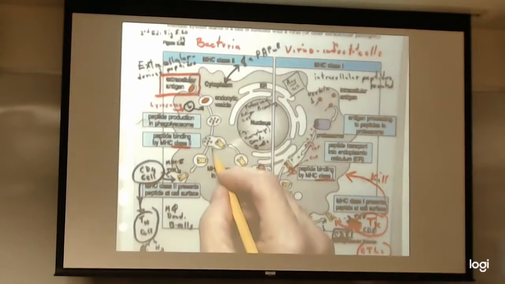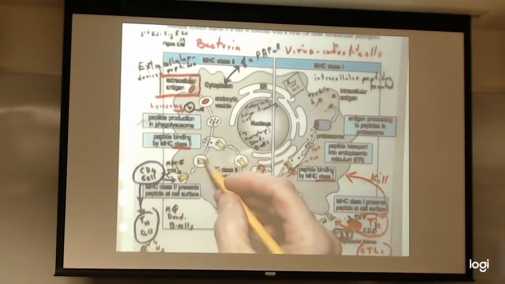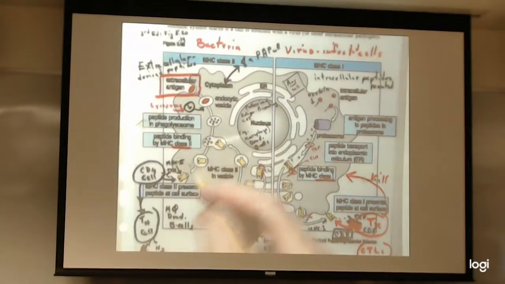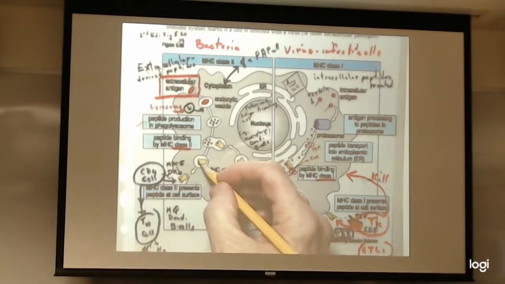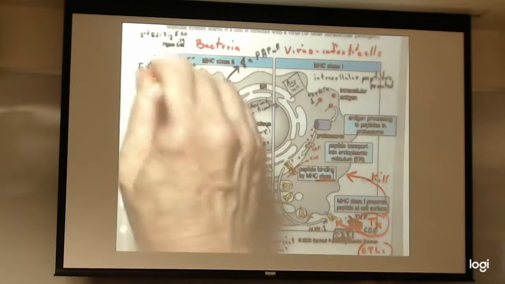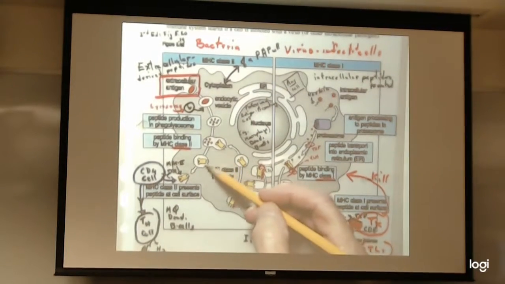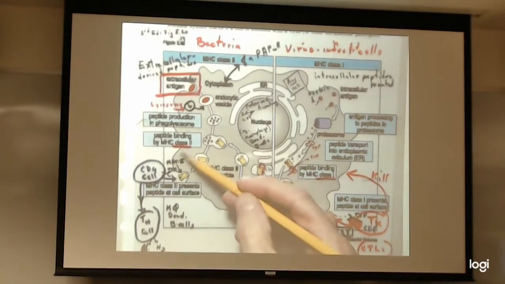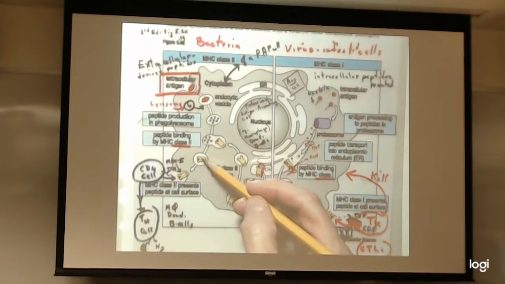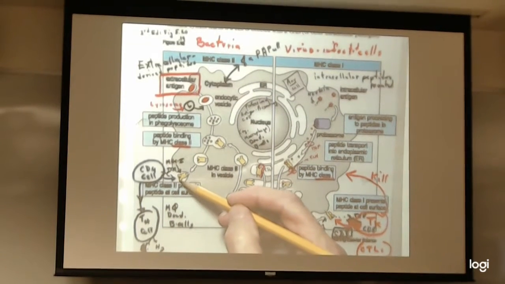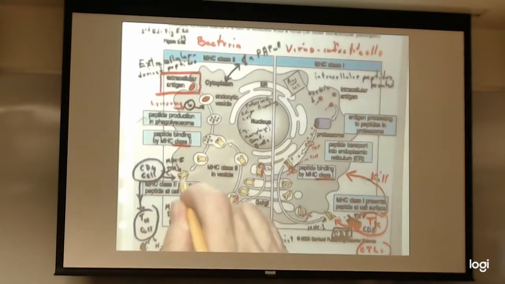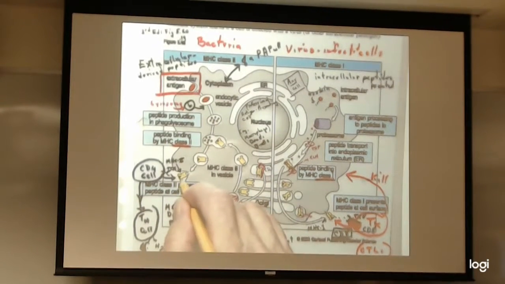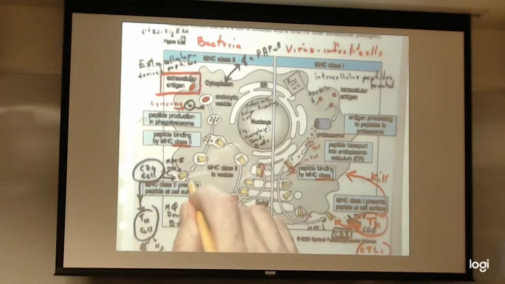They get loaded on, and now, sort of hocus pocus here, the class 2 molecule with its peptide derived from extracellular antigen will now come up here. This membrane will fuse with the plasma membrane, and now this protein is facing the outside world, being presented by a class 2 molecule here.